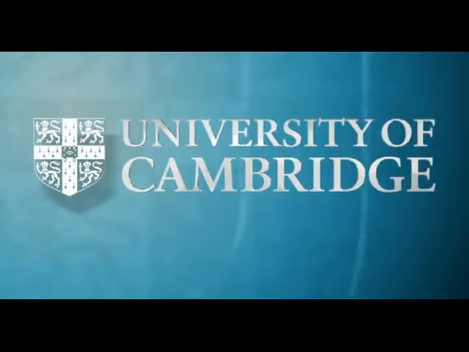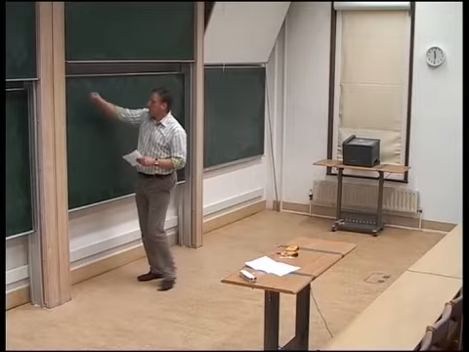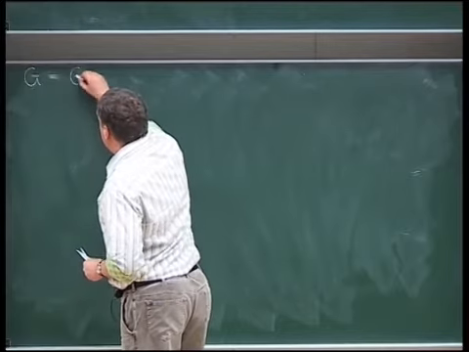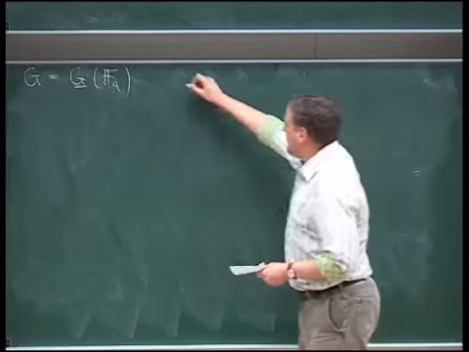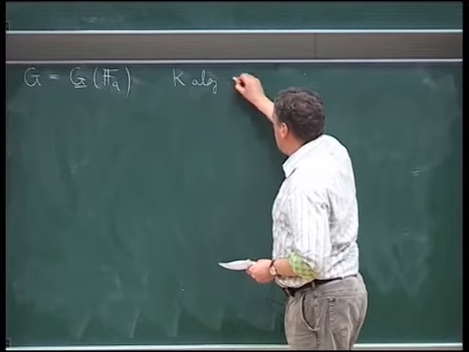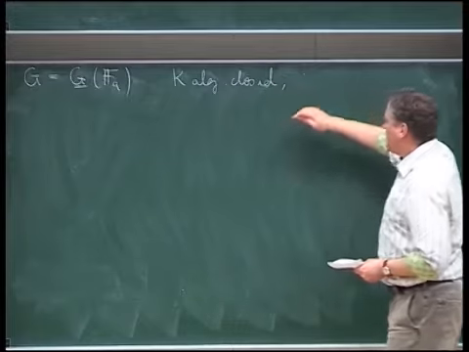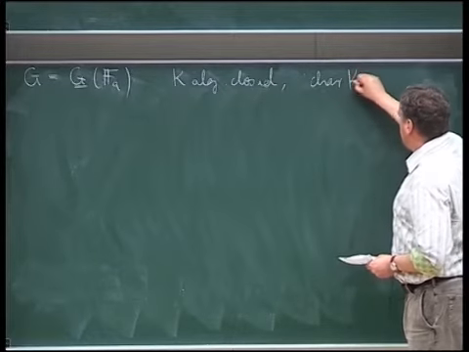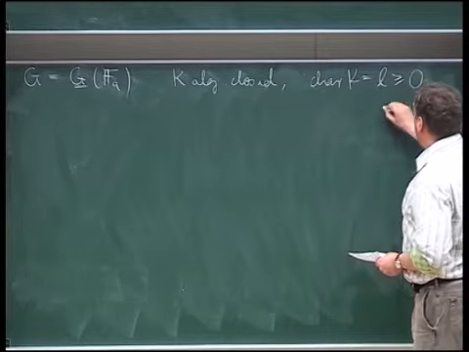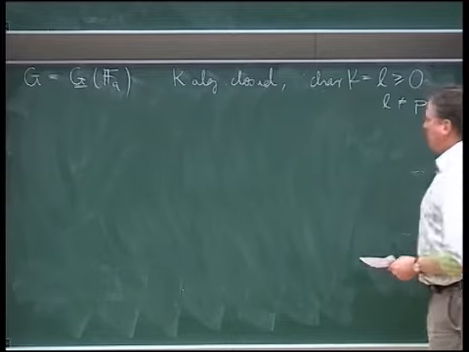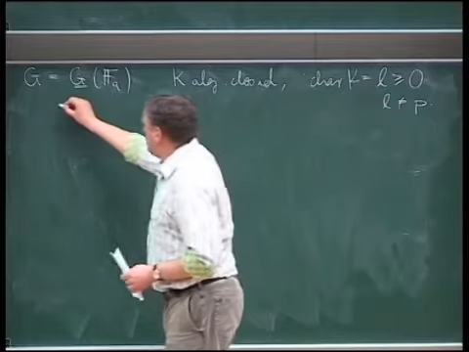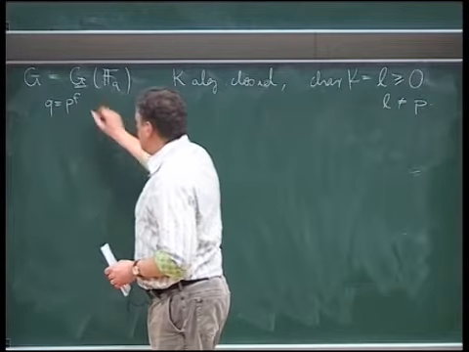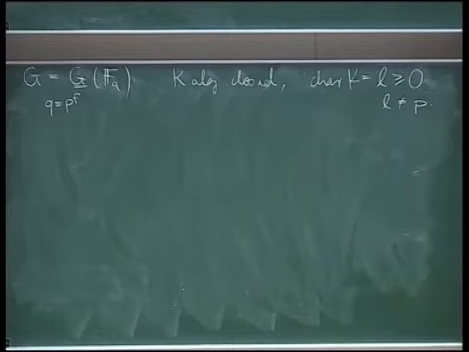So let me recall where we stopped yesterday. So we had our finite group of Lie type, an algebraically closed field, whose characteristic is either 0 or a prime L, which is not the prime of definition of this group.